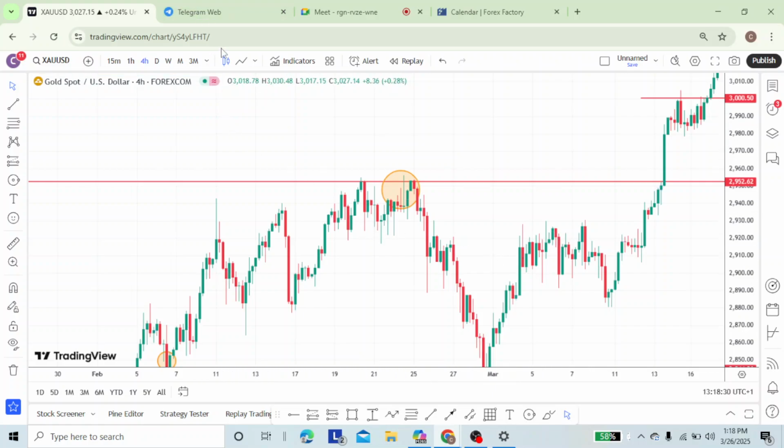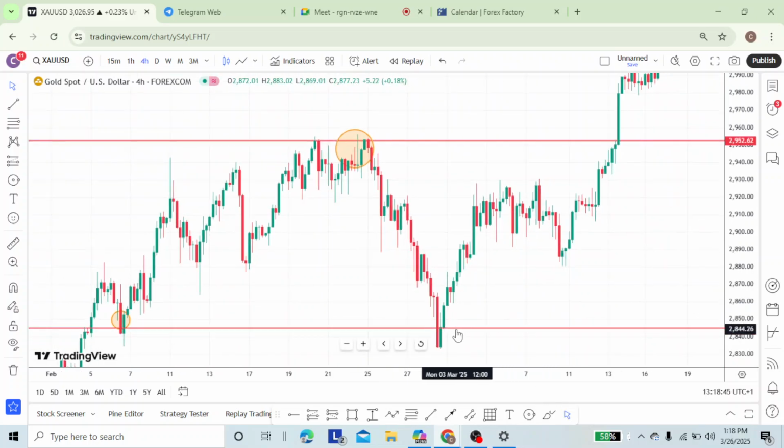So this is how you can incorporate the candlestick pattern of gravestone. We are using gravestone at a resistance. Dragonfly, we are using at a support zone. Bullish pin bar is at a support zone.